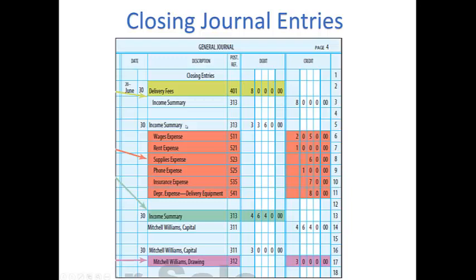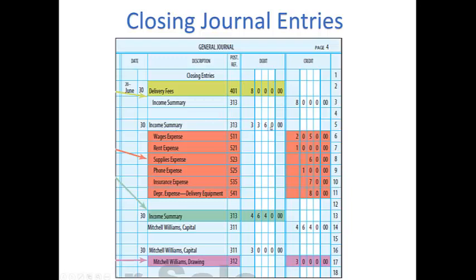Once we complete the second step, which is closing the expense accounts, we're giving all of those credit balances. So once these are posted to these accounts, all of them will close out. They'll go to 0. And we can total those up, and instead of doing a bunch of individual small entries, you'll do one compound entry and just put the total in income summary.